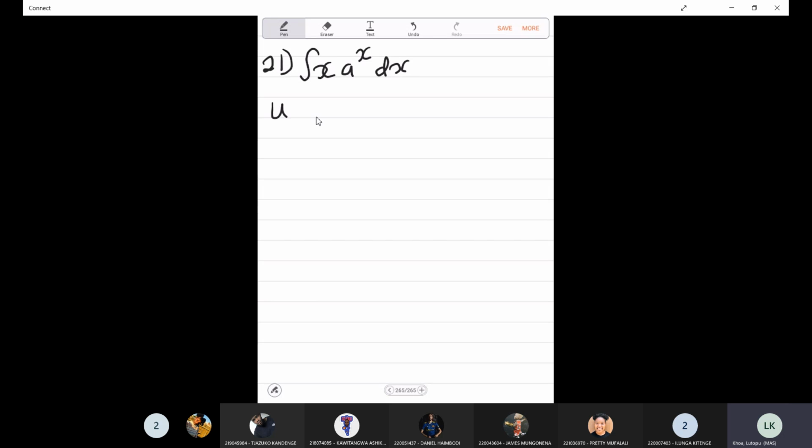So we say u is equal to x, and then our dv is a to the power of x dx. And we know integrating a to the power of x is not that difficult to do.